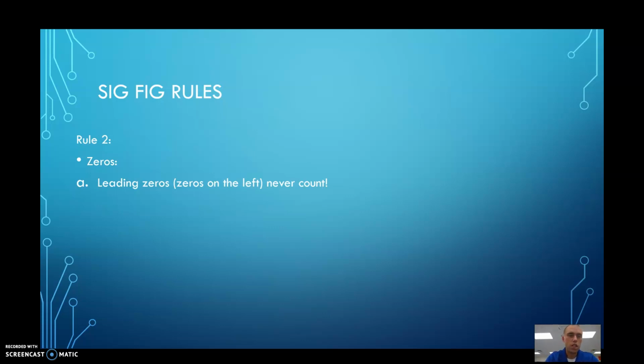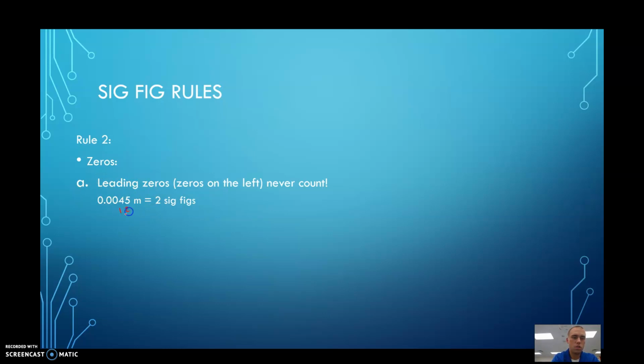The first is a leading zero. A leading zero is going to start a number. Zeros on the left-hand side of the number never count. They are not significant. They are just placeholders. Okay? So an example of this would be 0.0045 meters. This number right here has 2 significant figures.